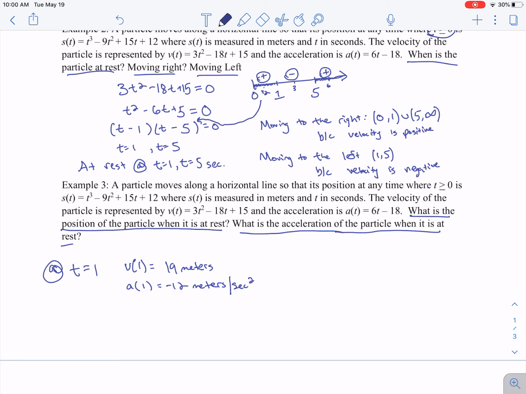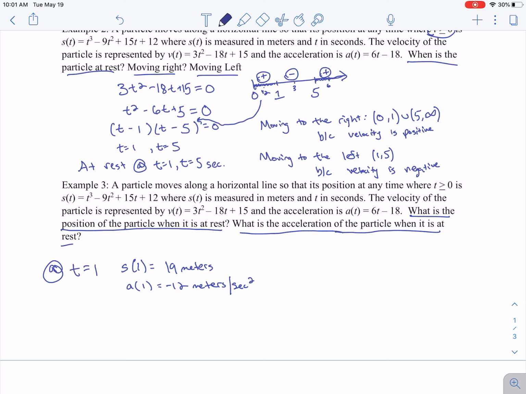Now I'm sure you're wondering, well, if the velocity is 0, isn't the acceleration 0? Don't forget, this is just at an instant. It's not a long time frame. It's just for a small instant that the velocity, and I just noticed I wrote v. This should not be a v. This should be an s. The velocity is 0, but you still have an acceleration. If you had a velocity of 0 for a lapsed amount of time, like 1 second, then yes, the acceleration would be 0.